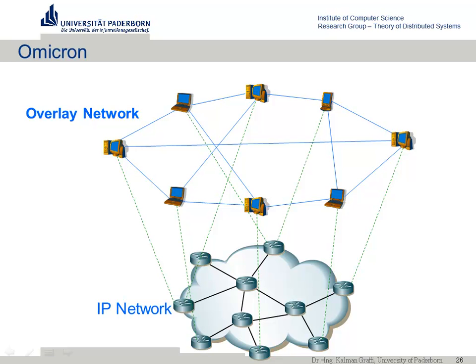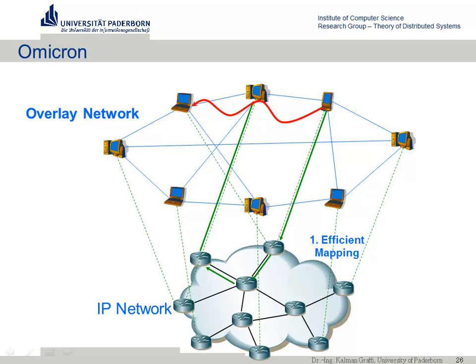So you have that overlay network in general and the IP network. What should be done is you want to have an efficient mapping. So you want to make sure that if two nodes in the network are somehow neighbors and connected, then you do not want to travel along the whole world in the IP network, but close contacts in the overlay should also be close contacts in the IP network.